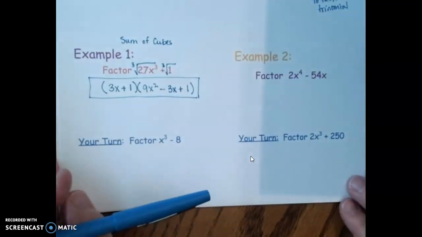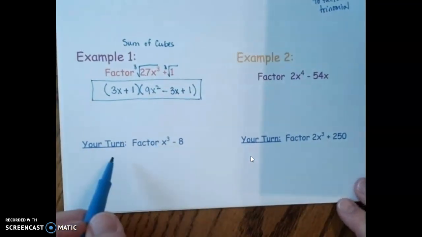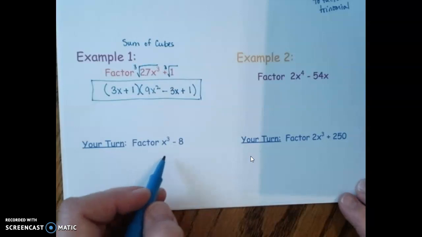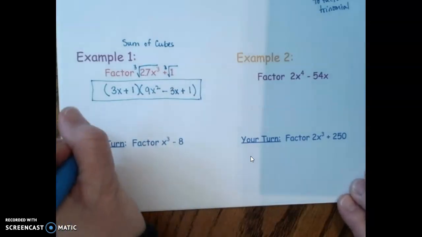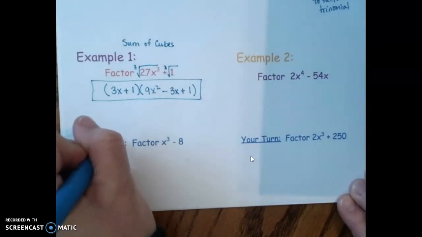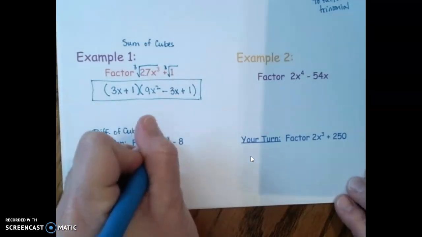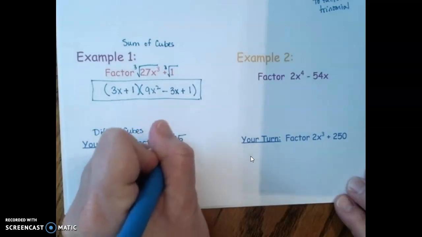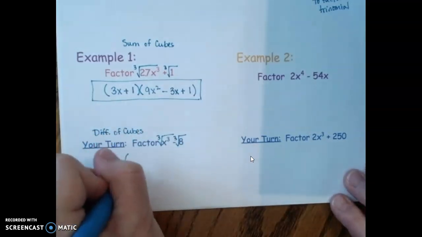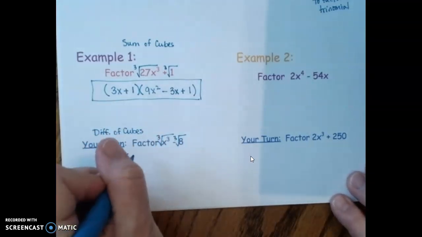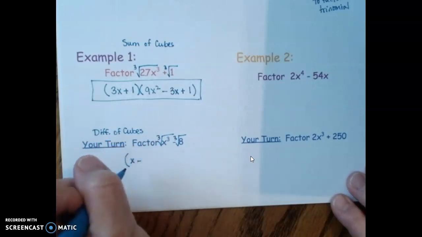Okay, so next you have a term with a difference of squares. If you want to pause the video, give it a try, and then come back to compare with my answers. So again, we're going to take the cube root of each term. The cube root of x to the third is x. Keep the same sign.